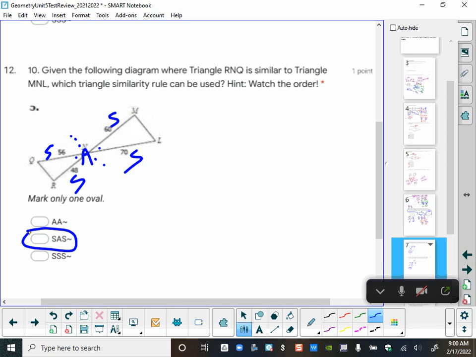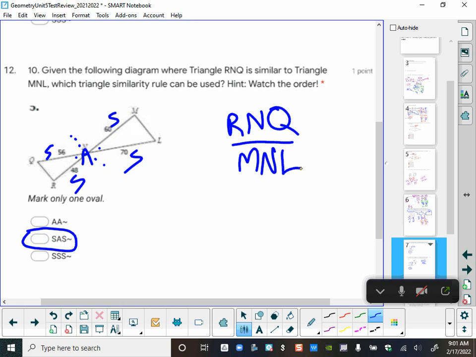Now, the only thing I want to ask, let's say if you had to determine if these two triangles were proportional. You don't have to, but I just want you to be careful with the order. Because right here, R and Q, M and L. Just watch your sides.